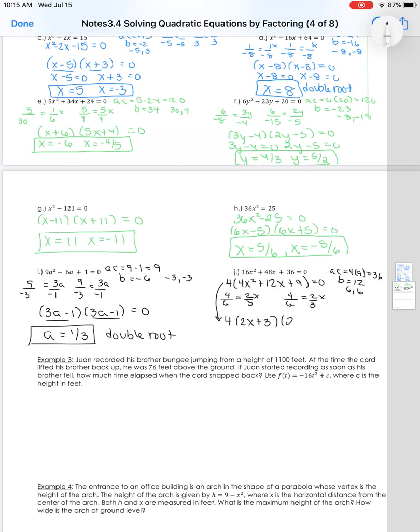So I'm going to do 4 over 6, which is 2/3, and 4 over 6, which is 2/3. Top goes with the variable. So we had the 4 in front, and then we have 2x plus 3, 2x plus 3. Set each part equal to 0. 4 equals 0, and 2x plus 3 equals 0. Well, 4 equals 0 doesn't make sense.